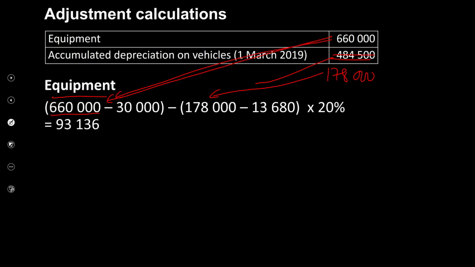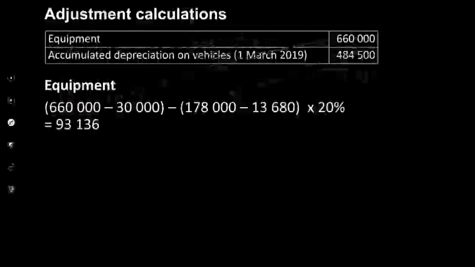Step number two, the accumulated, actually this should say not the vehicles amount, that should be equipment. So we've corrected that now. There's my equipment, accumulated depreciation on equipment is 178,000. Right. Now, the asset that I'm disposing of, the equipment, had a cost price of 30,000.